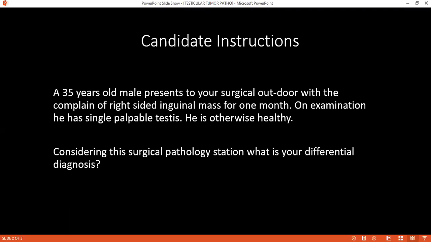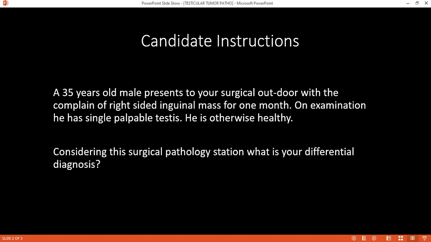Considering the age of this patient, what is the most likely testicular carcinoma in this age group? Patient age is 35 years old. I consider it is mostly seminoma because below 30 is teratoma, most common, and above 30 is seminoma.